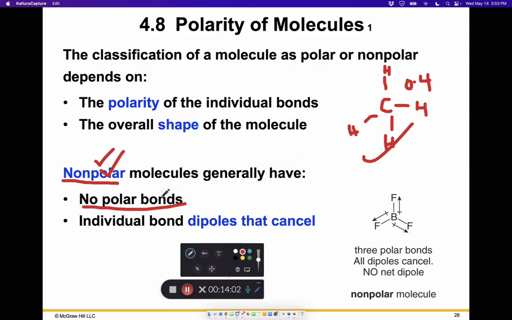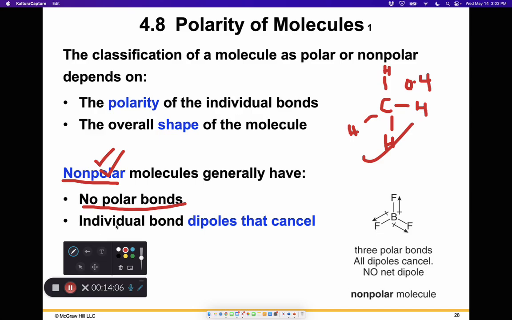Now, if we have a molecule that has some polar individual bonds, but they cancel, in that case also we will end up with a non-polar molecule. What does it mean? Let me show you with an example. I have boron trifluoride, the BF3 molecule.